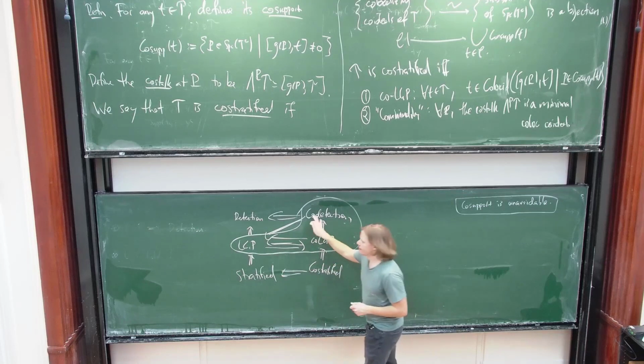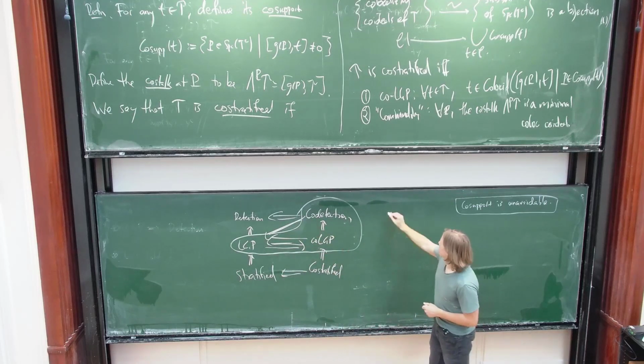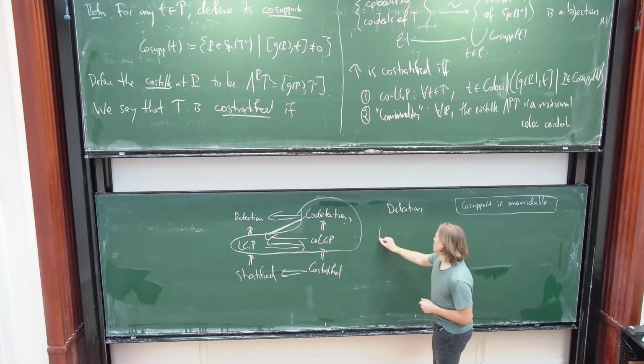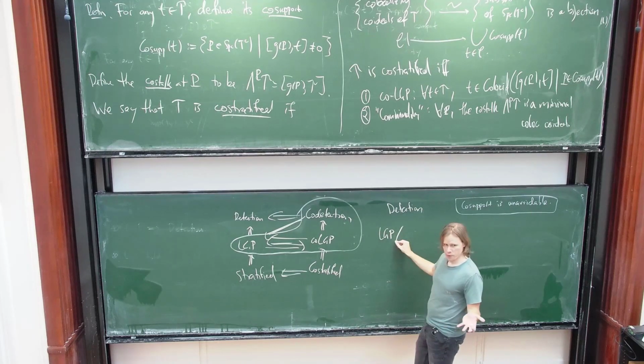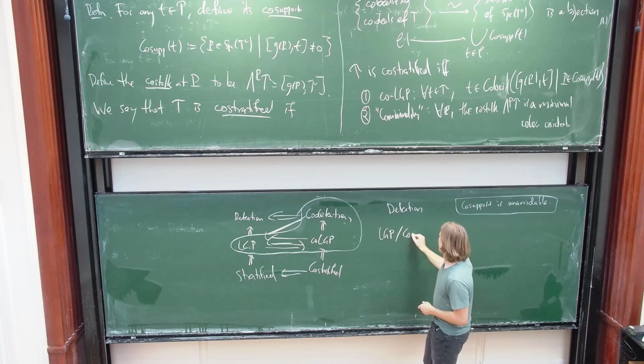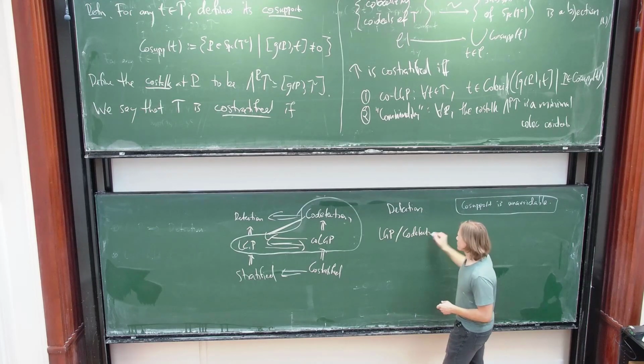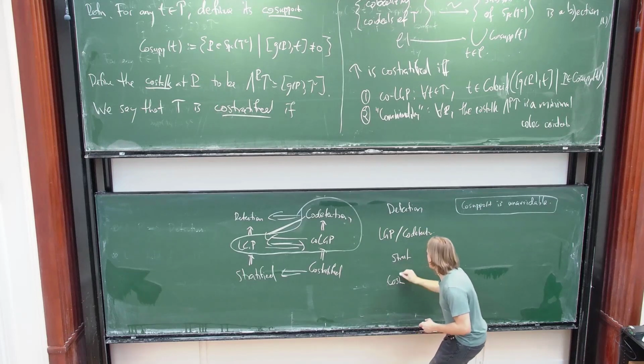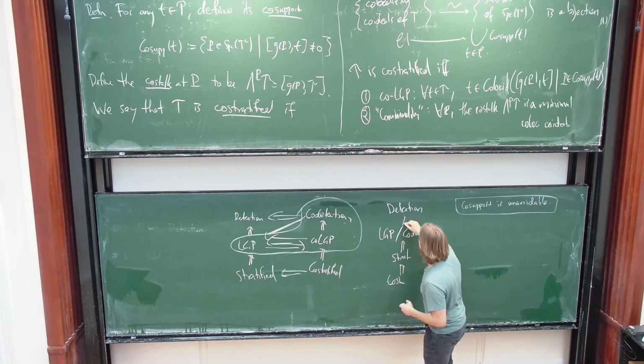So in fact, this story simplifies to where you have the detection property, you have the local to global principle, or if you prefer, the co-detection property. You have stratification, and you have co-stratification, and you have implications like this.